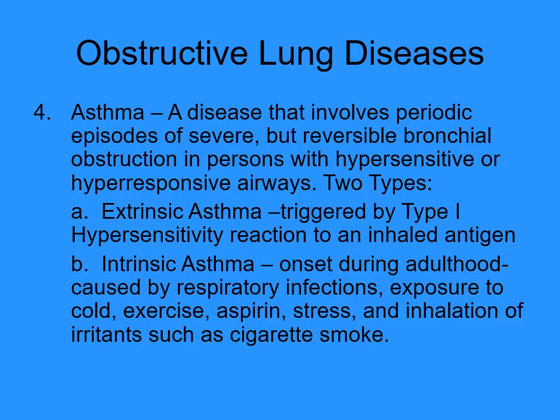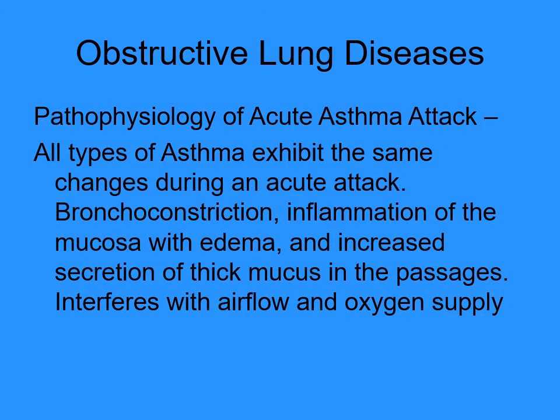Asthma is a disease that involves periodic episodes of severe but reversible bronchial obstruction in persons with hypersensitive or hyperresponsive airways. There's two types. Extrinsic asthma is triggered by type 1 hypersensitivity reaction to an inhaled antigen. Intrinsic asthma, onset during adulthood, caused by respiratory infections, exposure to cold, exercise, aspirin, stress, and inhalation of irritants such as cigarette smoke.